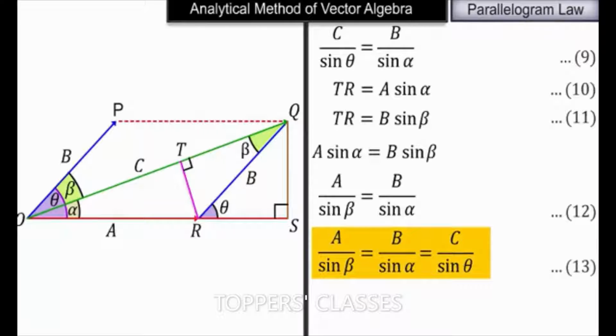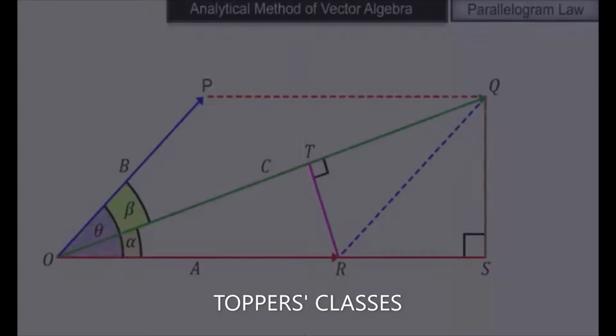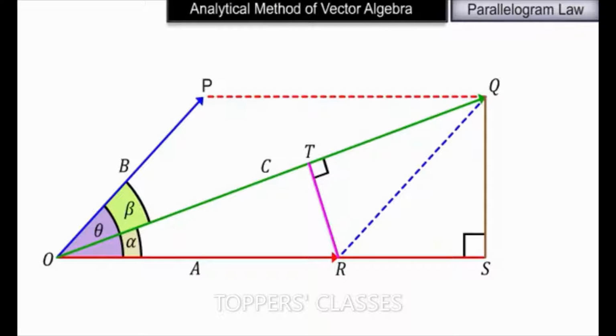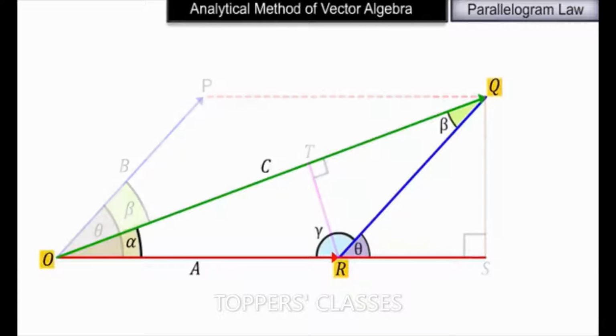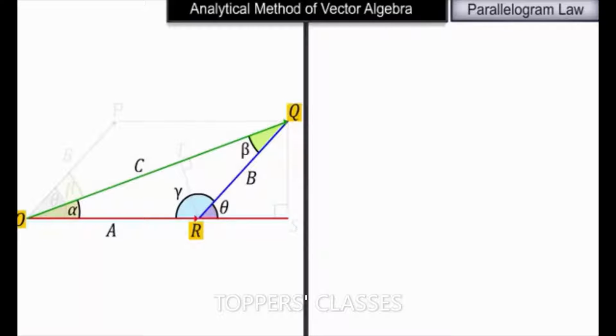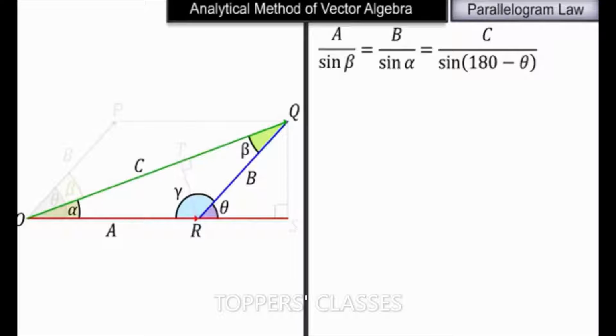Here, A by sin beta is equal to B by sin alpha is equal to C by sin 180 minus theta. A by sin beta is equal to B by sin alpha is equal to C by sin gamma. Let this be equation 14. This equation is known as the law of sines.